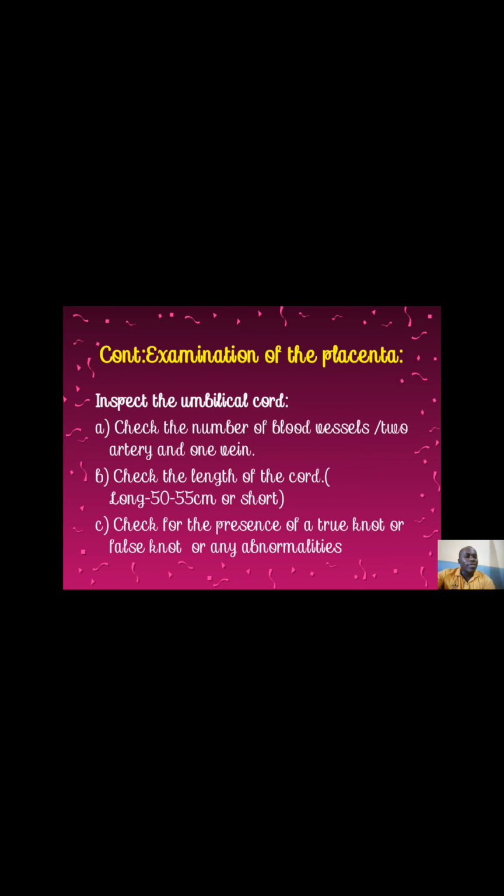So you will check the length of the cord. Lazima uangalie urefu wa cord, na normal length ni 50 hadi 55 cm. Below or above that inaweza kuwa short or too long. Check for the presence of true knot or false knot or any abnormalities.